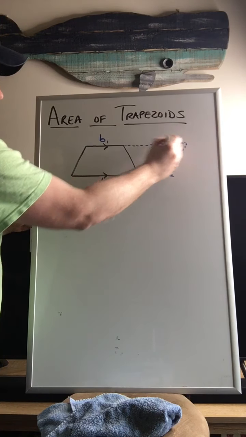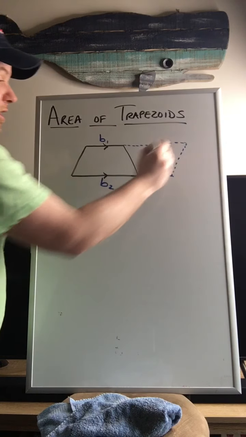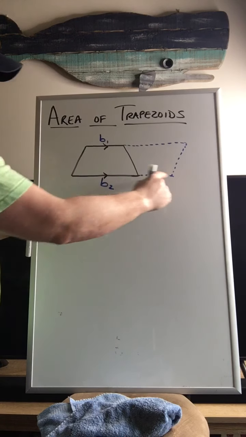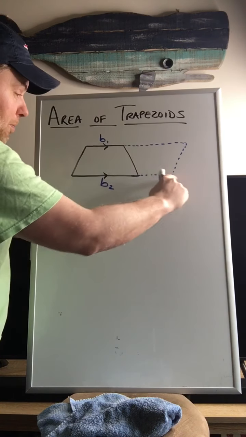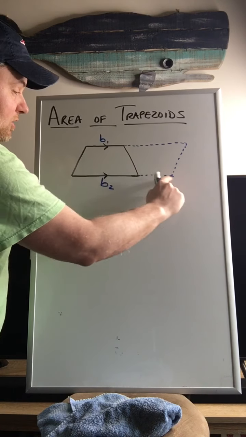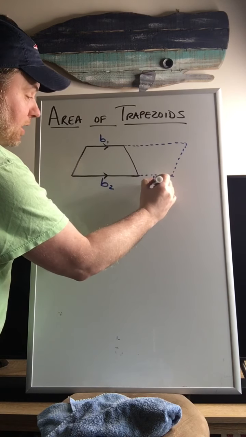Now what it forms is actually a parallelogram, okay? And for that parallelogram, the whole base is actually base 2, and then this is the length of that, base 1.